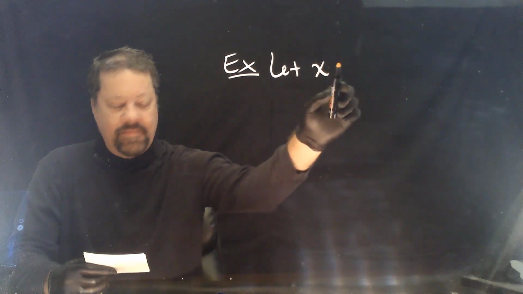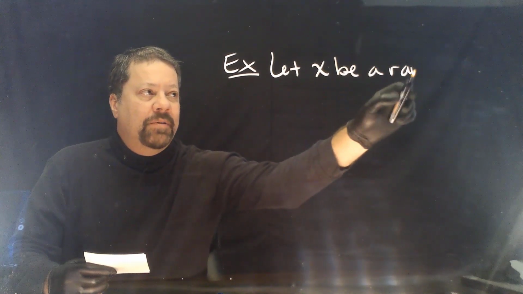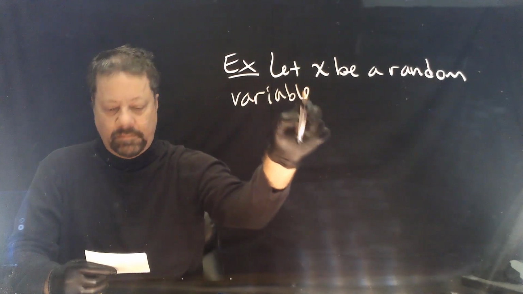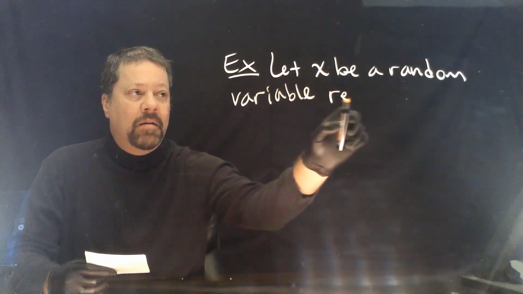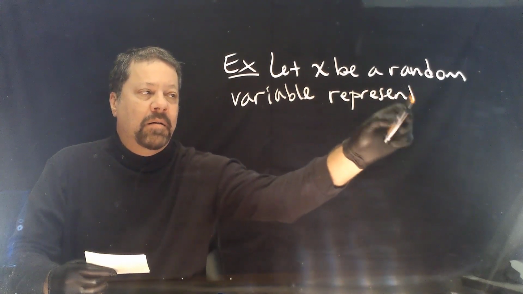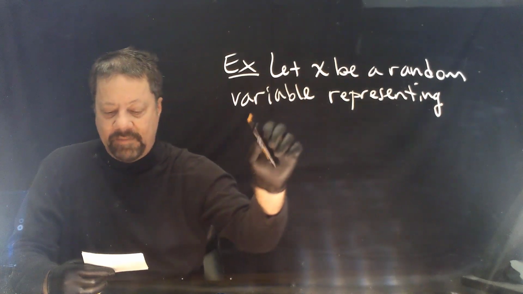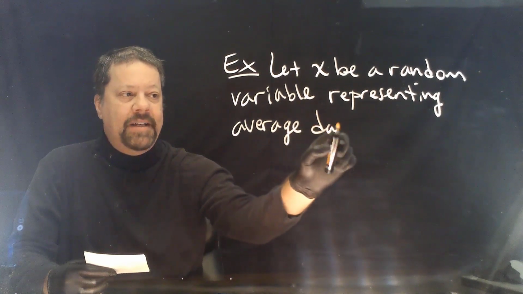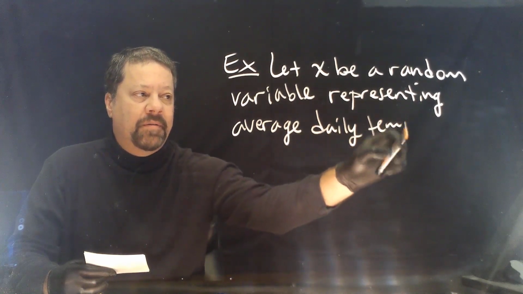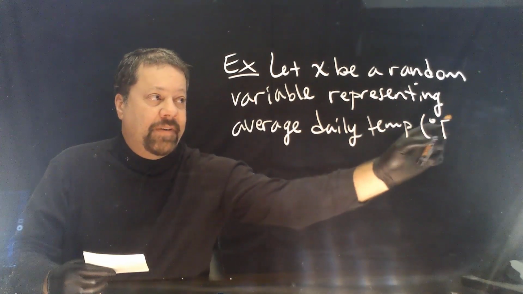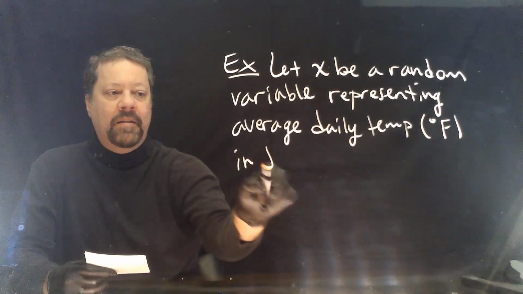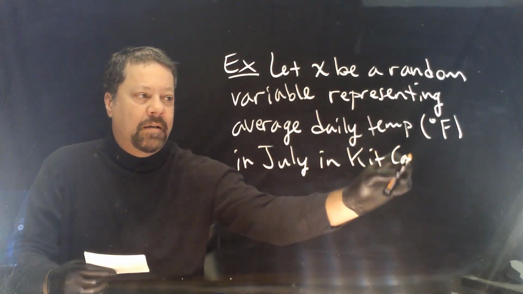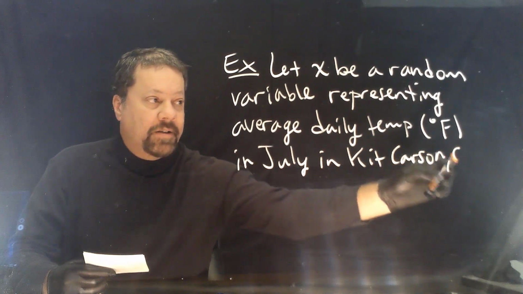Let x be a random variable representing average daily temperatures in degrees Fahrenheit in the month of July in Kit Carson, Colorado.